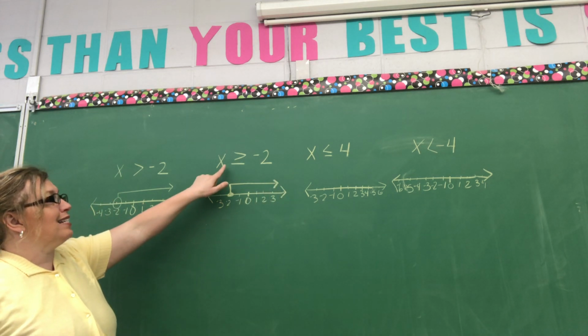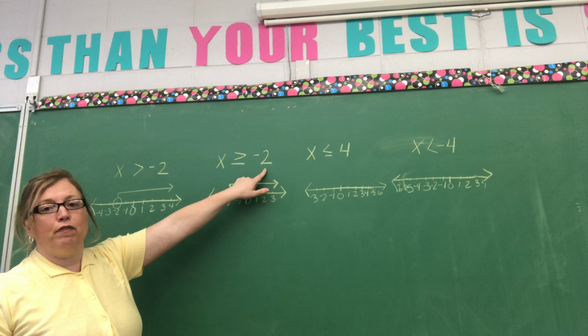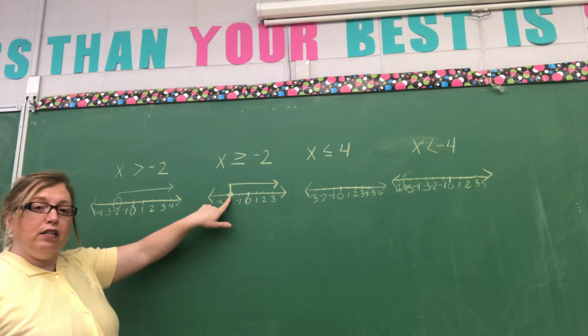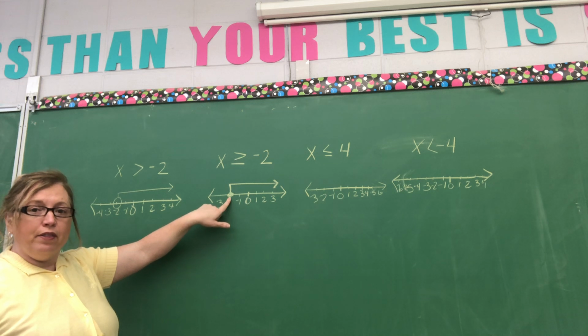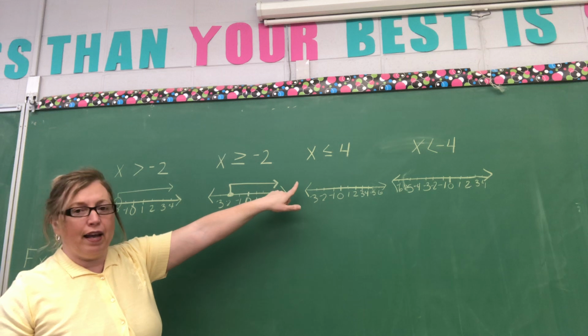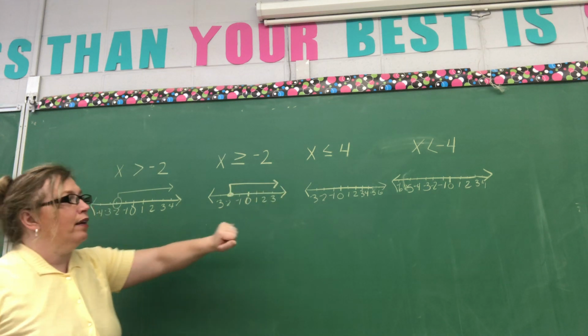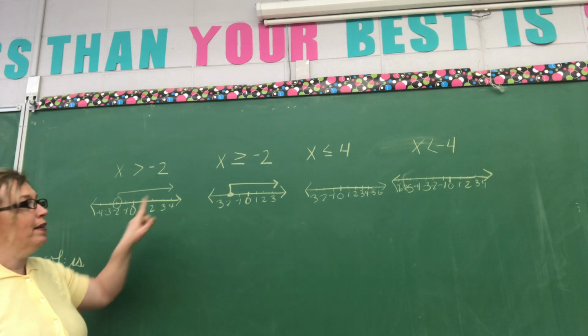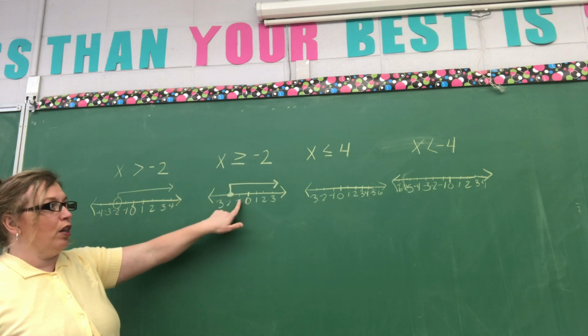This is x is greater than or equal to negative 2, and that is exactly what I've shown on my number line. I colored in the negative 2. Therefore, that means that it's equal to or it's greater than. That's the way my direction went. So if it doesn't have an equal mark, you circle it. If it does have an equal mark, you color it in.